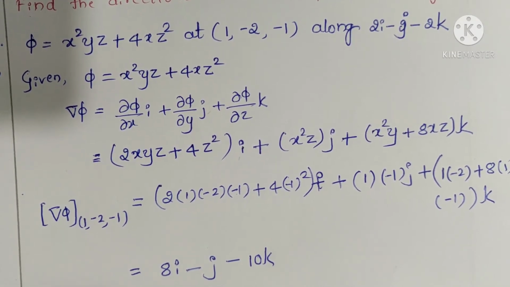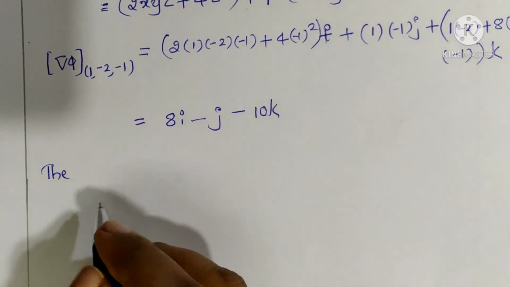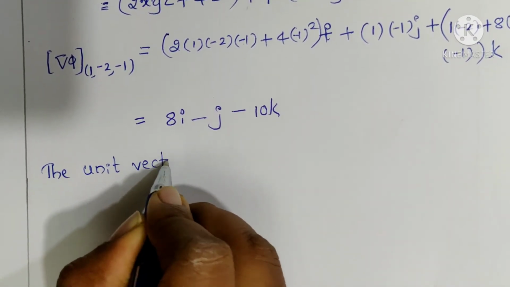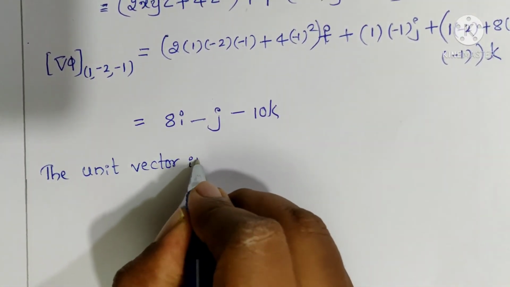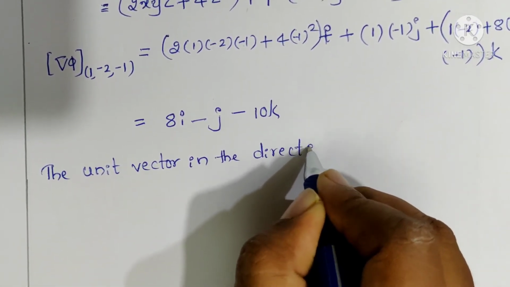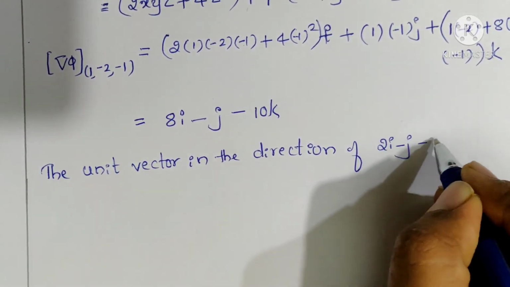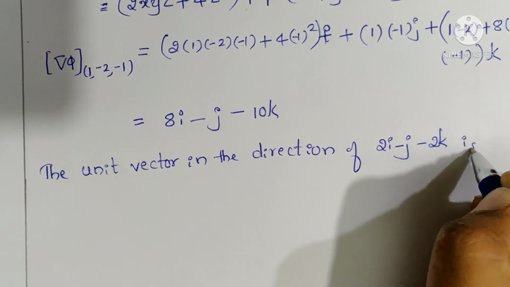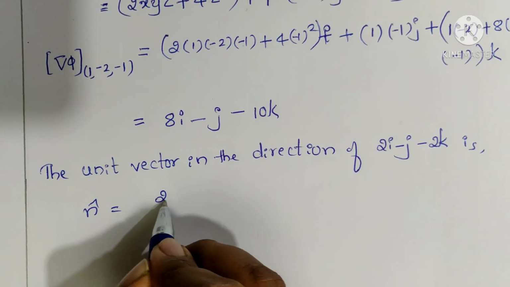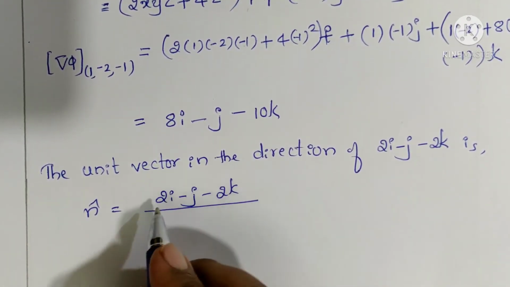Now the unit vector, first we need to find unit vector in the direction of 2i minus j minus 2k. n cap is equal to 2i minus j minus 2k whole divided by its magnitude.